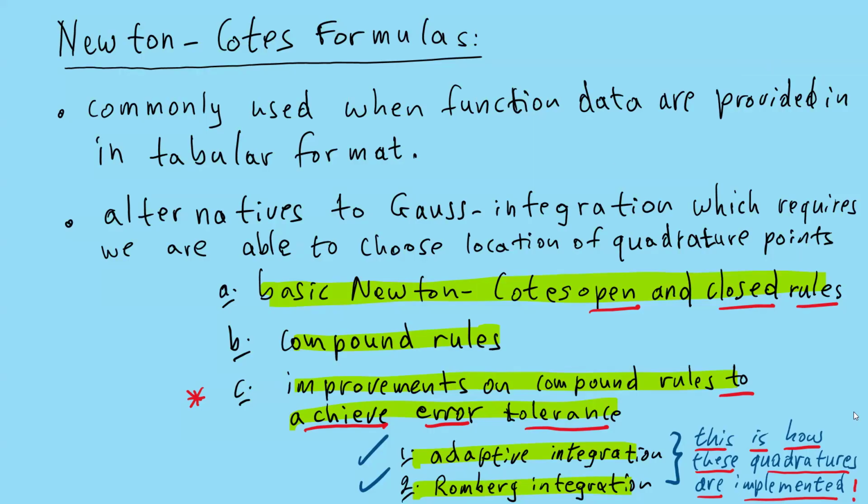The Newton-Cotes formula is commonly used when function data are provided in tabular format, as an alternative to the Gauss integration, which requires that we are able to choose the location of quadrature points. Today I will talk about the basic Newton-Cotes method, and after that I will talk about the compound rules.